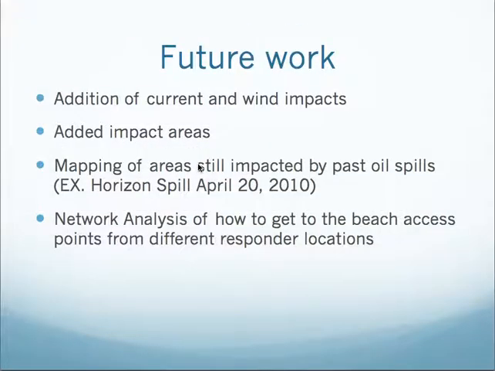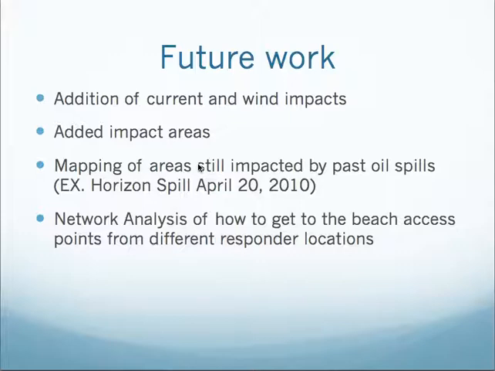And so with that, some future work that I could do to continue on this project is to add current data and wind data to these mock oil spill areas, and maybe even create a live mapping application online for once something like this happens.